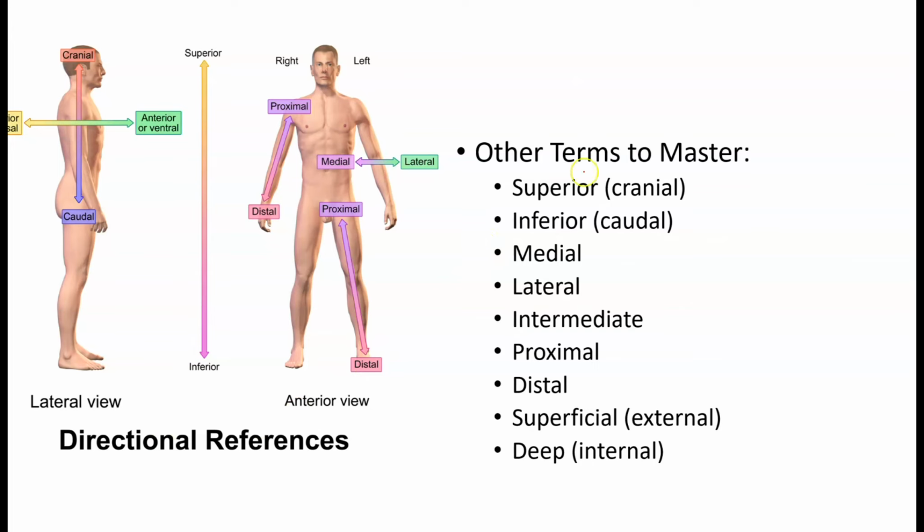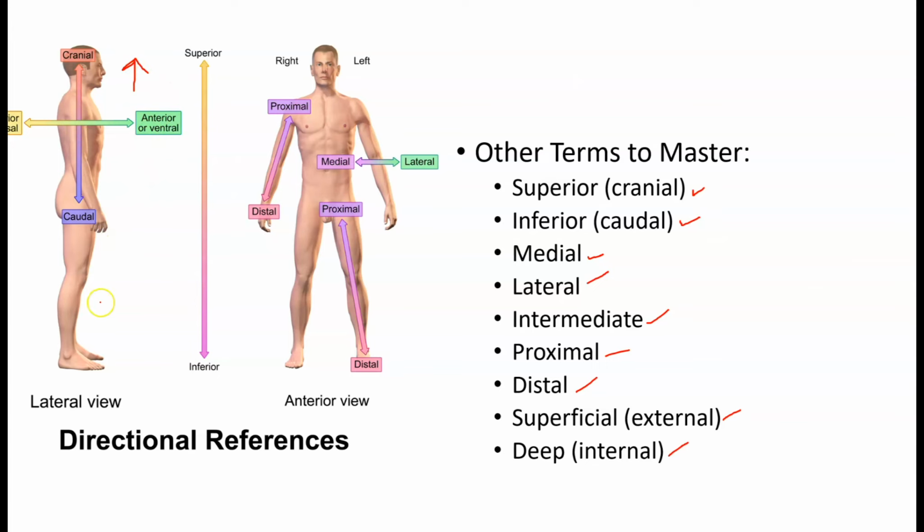Now, some other terms that we need to master are superior or cranial, inferior or caudal, medial, lateral, intermediate, proximal, distal, superficial or external, and deep or internal. Looking at it quickly, superior is toward the head.